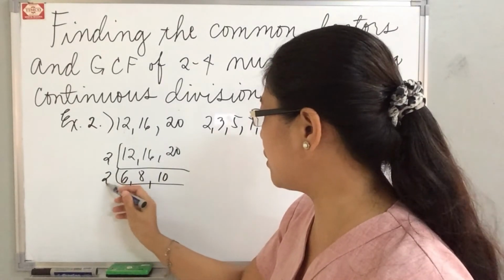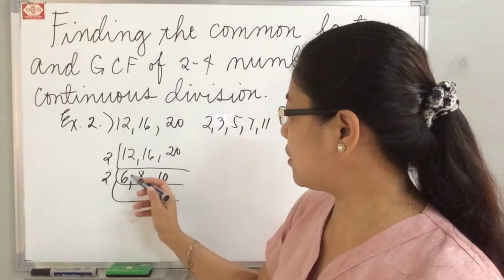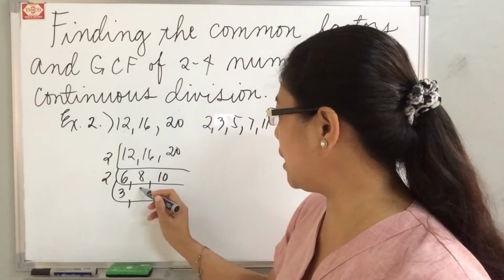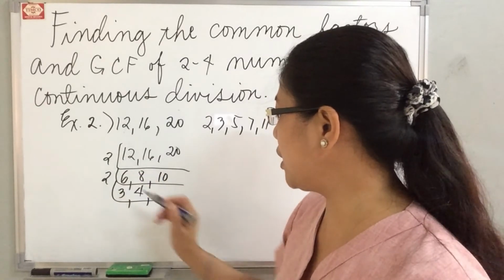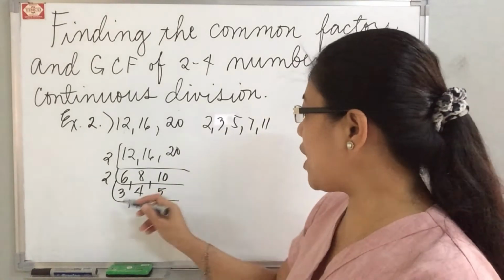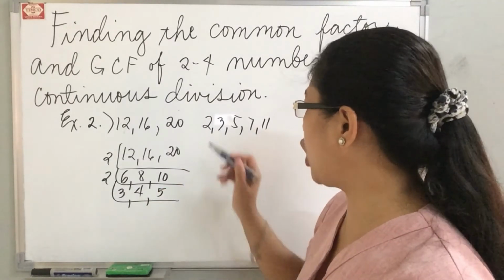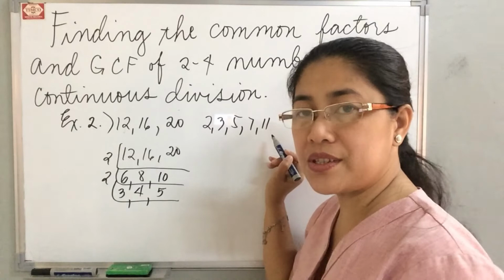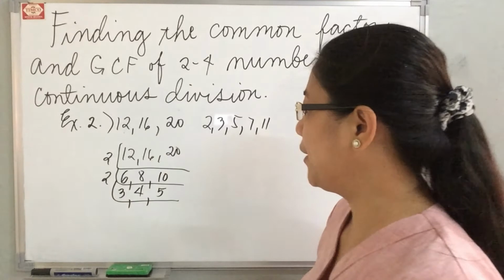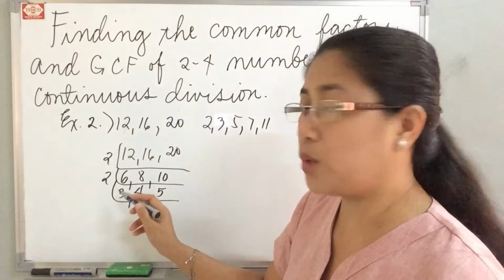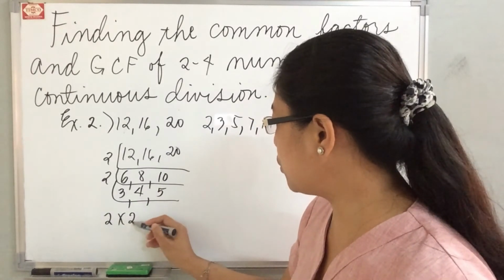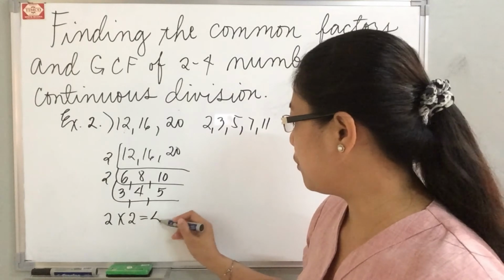Now, let's identify if these 3 numbers are divisible again by 2. Yes, it is. So, let's divide it by 2. 6 divided by 2 is 3. 8 divided by 2 is 4. And 10 divided by 2 is 5. Alright. Now, 3, 4, and 5. Is there a common divisor among these prime numbers? None. So let's stop there. Let's get our divisors and multiply them. So we have 2 times 2. 2 times 2 is equal to 4.